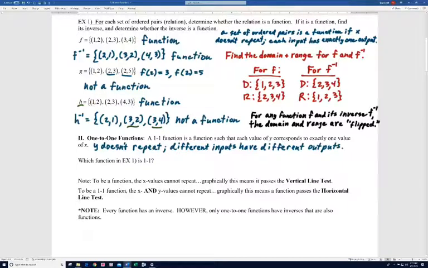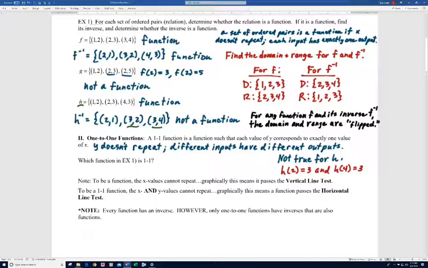Another way to point out that it's not a one-to-one function, notice here it says different inputs have different outputs. Well, that's not true for h. Notice h of 2 is equal to 3, and h of 4 is equal to 3. So here you have different inputs, and we don't have different outputs.